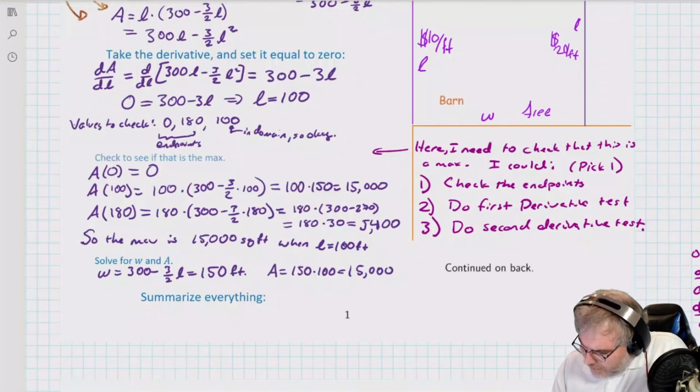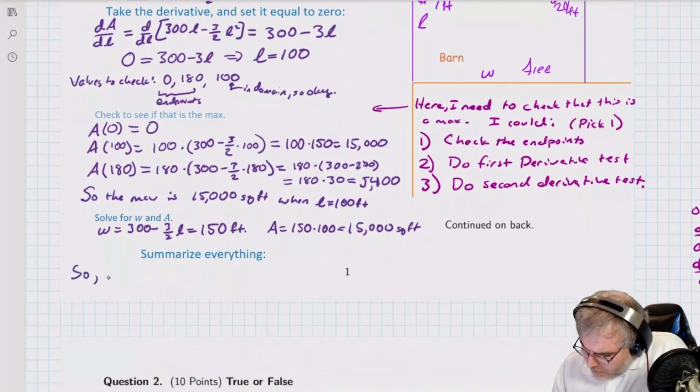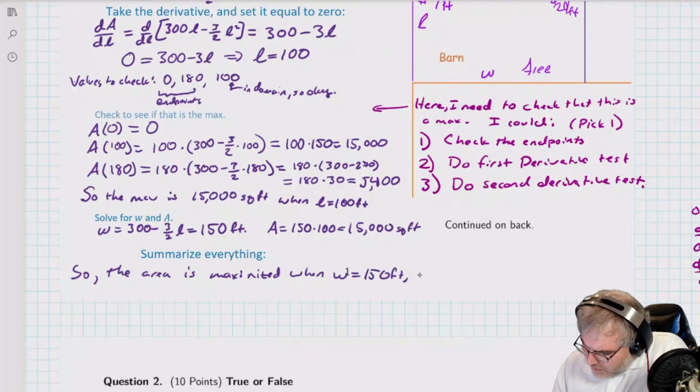Oh, I already did that earlier. Square feet. So the area is maximized when W equals 150 feet, L equals 100 feet, for an area of 1,500 square feet.